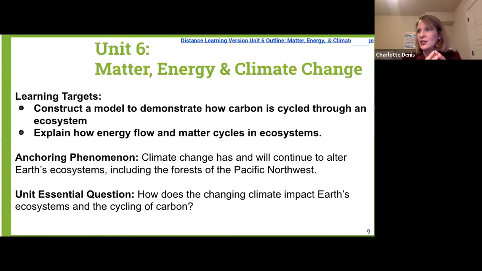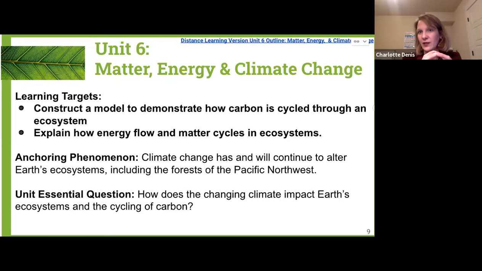It is important for us to keep in mind that one of the design principles is that we want to keep things as much as possible place-based, and so you'll notice that the data and the information that students are going to be seeing in this is really based on things happening in the Pacific Northwest. So what students will be seeing is information that hopefully is local or relatable for them.